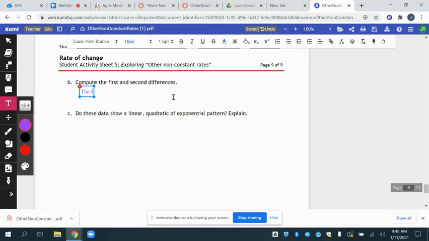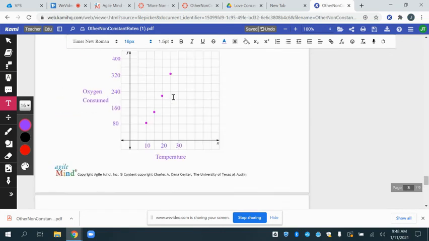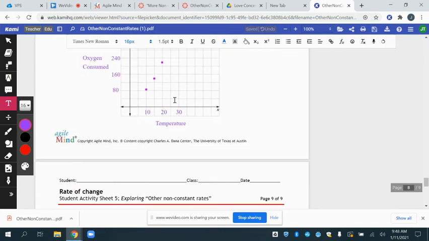Which means the second difference is the same for oxygen consumed.